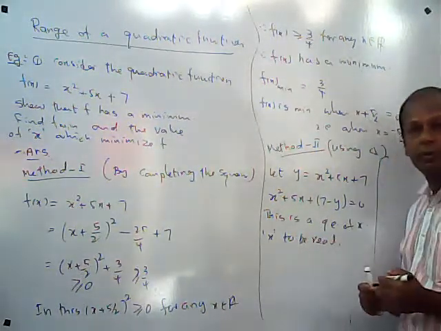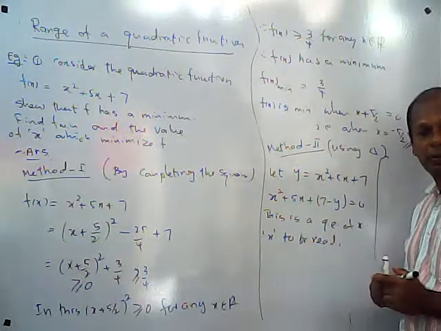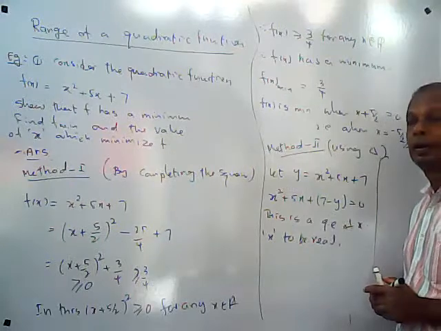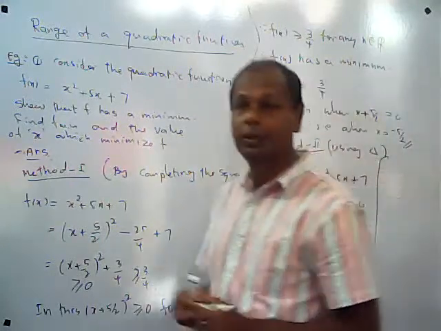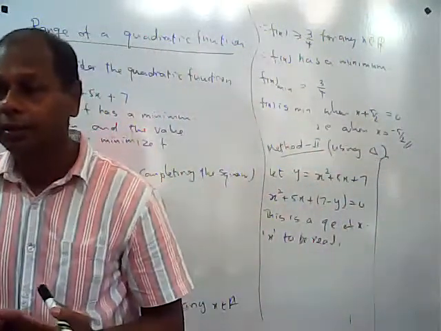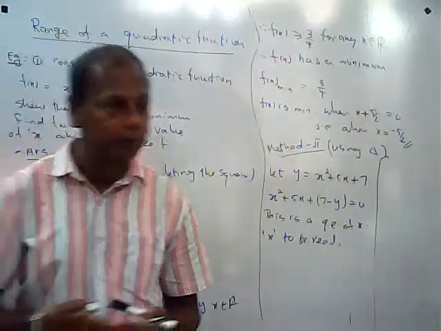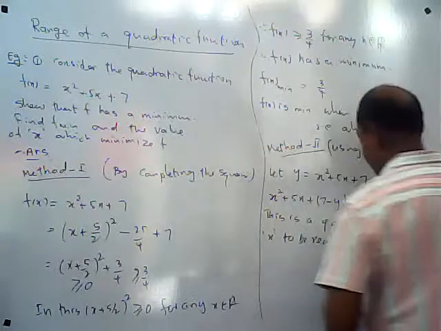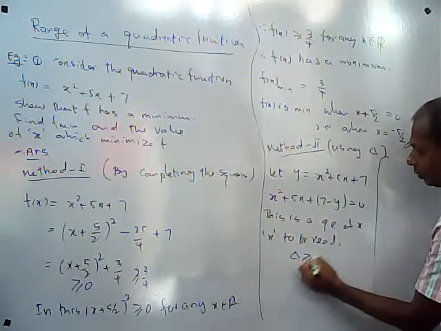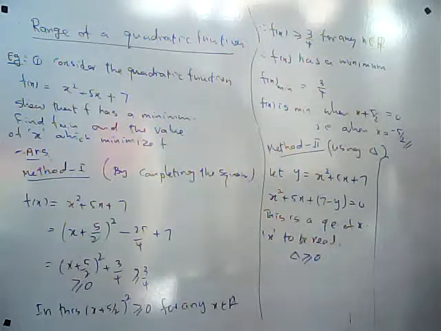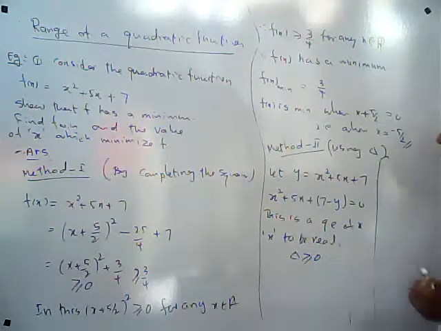What is the requirement? For real roots, delta has to be greater than or equal to 0. For x to be real, delta is greater than or equal to 0. Right? So what is delta?